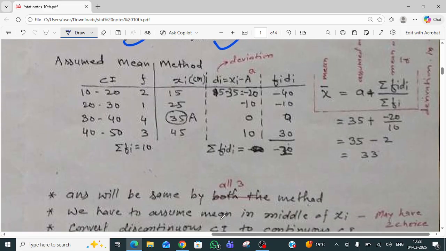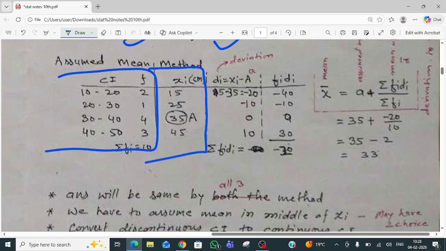In the assumed mean method, this part was the question part. This you did in the direct method also. In the assumed mean method, we have to assume one. So here four data are there, so mean can be the second or third. Even 25 can be assumed as mean. Anyone we can take, the answer will not change.